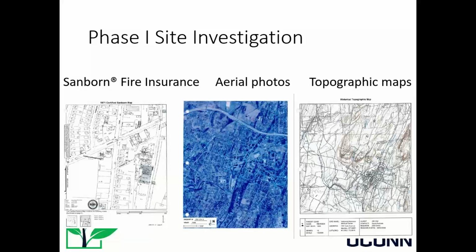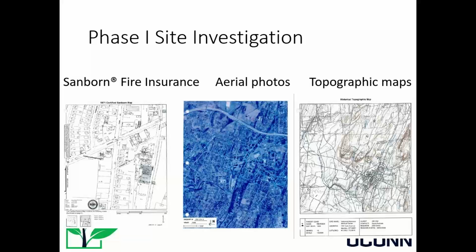Typically, the types of maps included in those Phase 1 site investigations are the Sanborn fire insurance maps. Those were maps used for assessing the risk of particular properties by insurance agents back in the day.